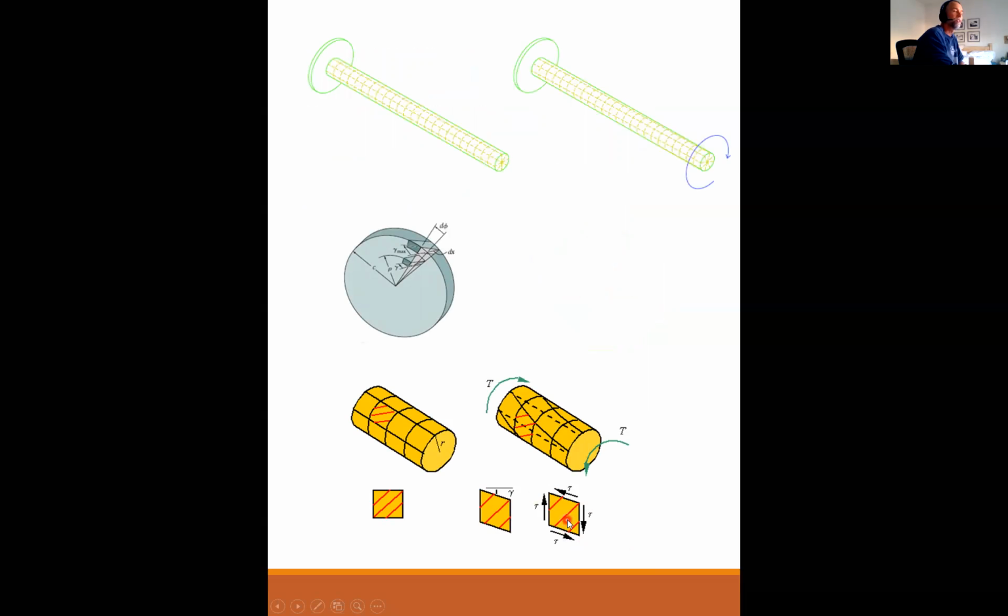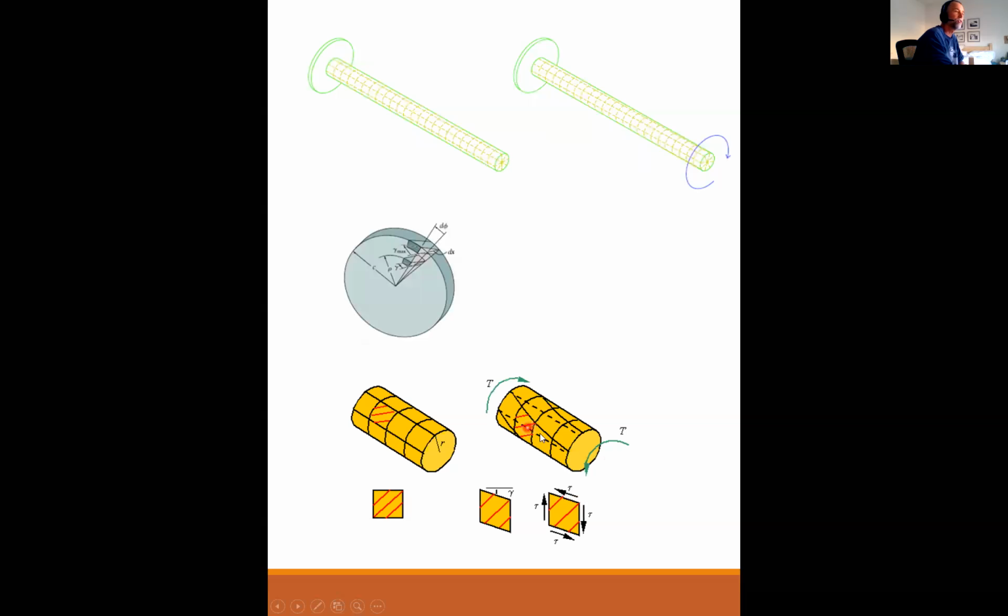This is the element on the skin. This shearing stress would be the one that's in the plane of the page, and this shearing stress would be in and out of the page. Anytime that you have shearing stresses, they all have to equalize each other.